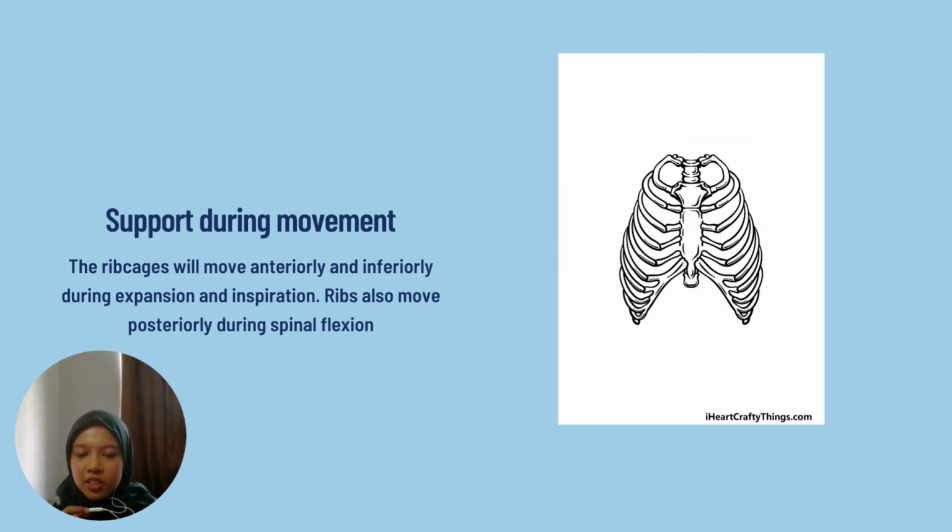So next, the rib cage will support the movement of the lung during inspiration and expiration. During inspiration, the rib cage will move anteriorly, while during the expiration, the rib cage will move inferiorly.